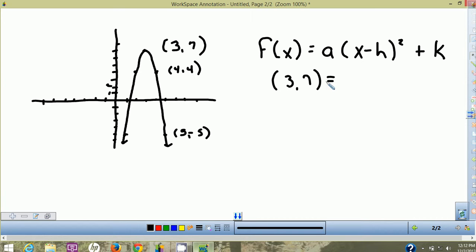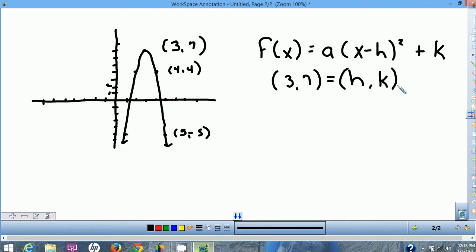And let's recall from what we know about quadratics that the vertex can be found from our equation as (h, k), which means this 3 is going to be h and this 7 is going to be k, which gives us so far f(x) is equal to a(x minus 3) squared plus 7. And we have substituted our values for h and k because we know where the vertex is.